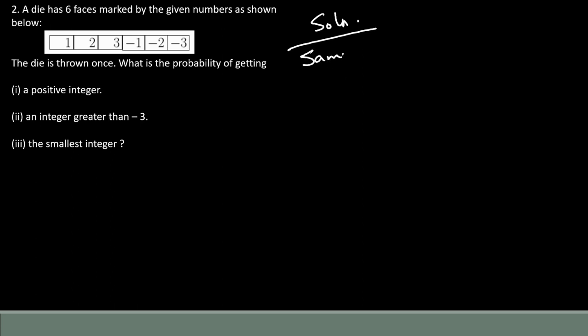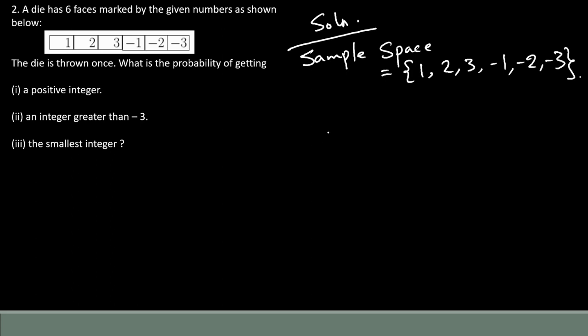So here your sample space is 1, 2, 3, minus 1, minus 2, minus 3. This is your sample space, right? Now for the first one, a positive integer.